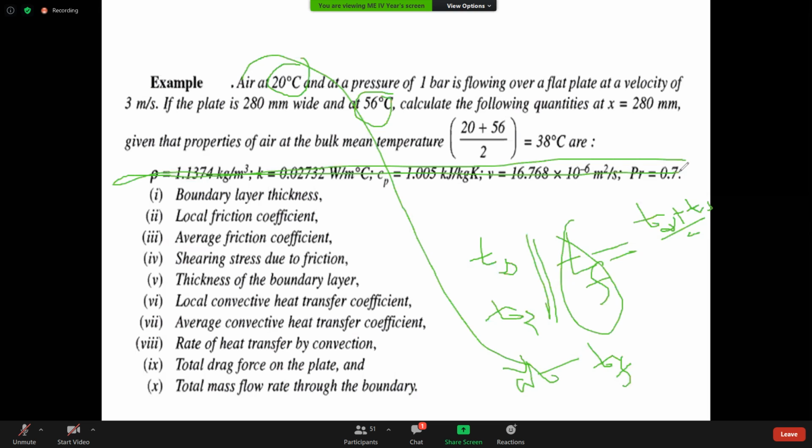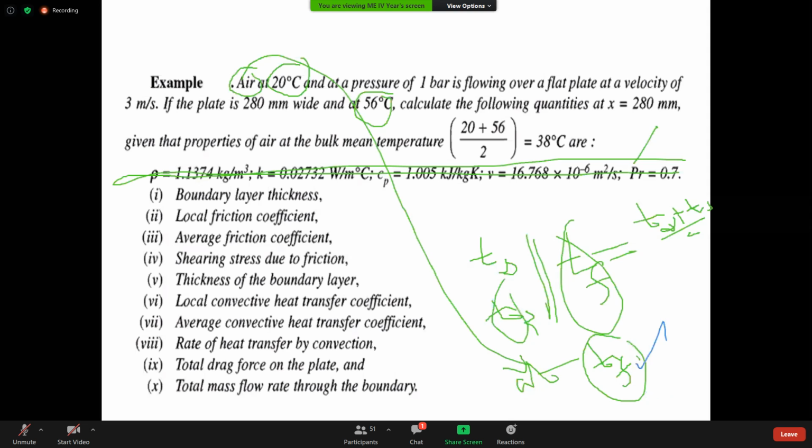There is only a 1% chance of the properties being given. Nothing will be given. These things are all available in the data book, even the Prandtl number also. Air properties, dry air, in the data book, corresponding to the TF temperature, not TS or T infinity. At TF you have to take the properties.